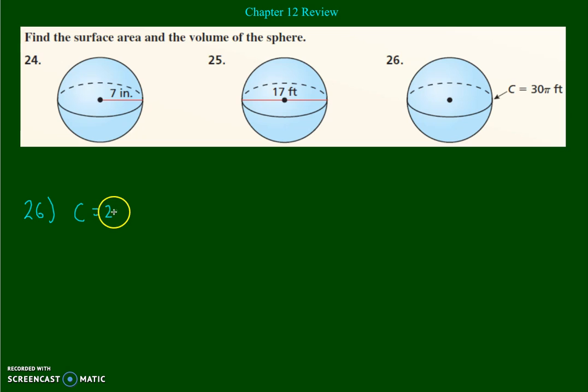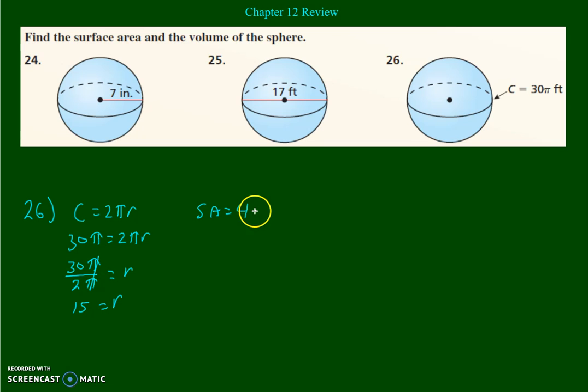Circumference is 2 pi r, so 30 pi equals 2 pi r. The radius is going to be 30 pi divided by 2 pi. Pi's cancel out, so 15 equals the radius.